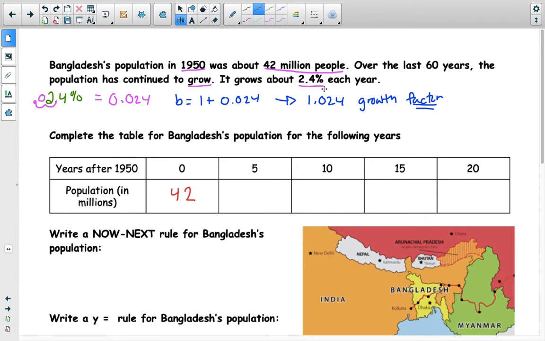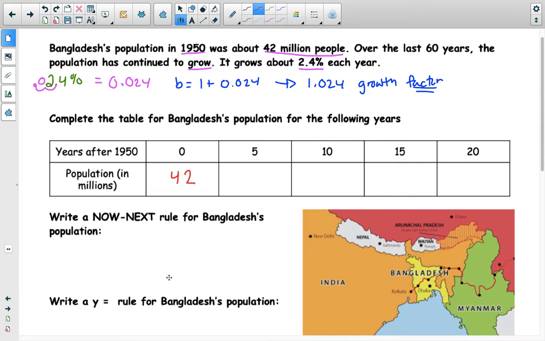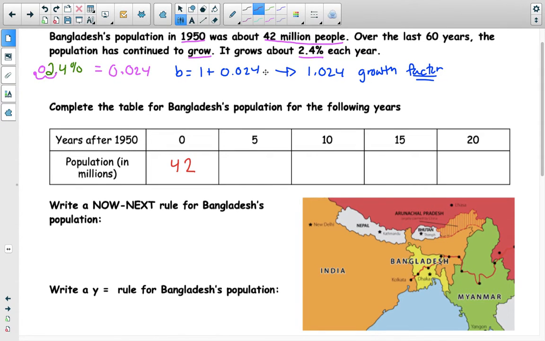So if we were to get our equation, we can use the equation to help us. So let's look at the equations as well. Every year, it's going to increase by 1.024 as a multiplicative factor. So write a rule: y equals 42, parentheses, because that's our starting value.